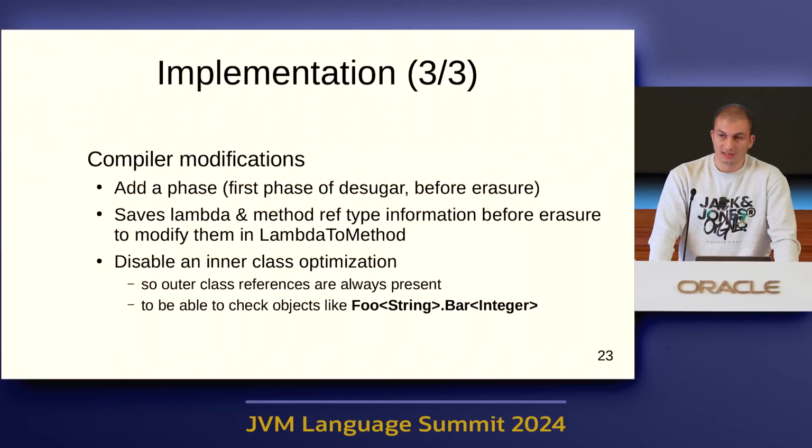When you declare an inner class, if the outer this reference is never used, the compiler will not add an outer this field in the class.